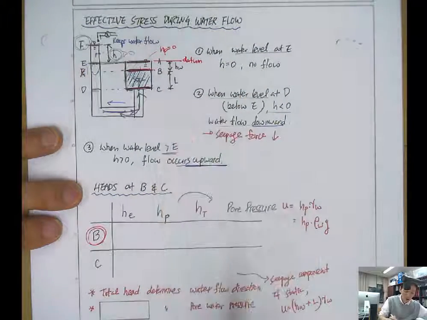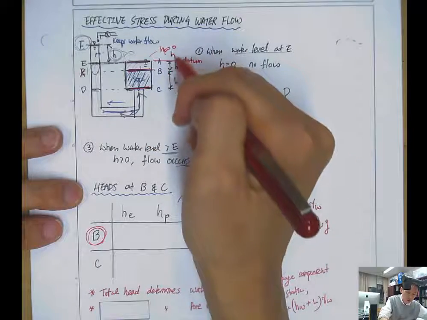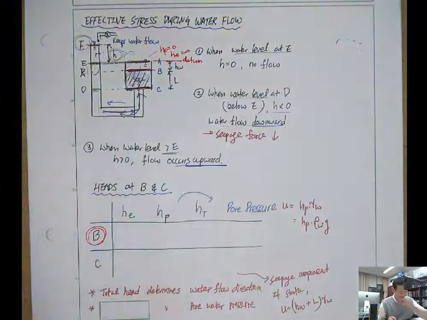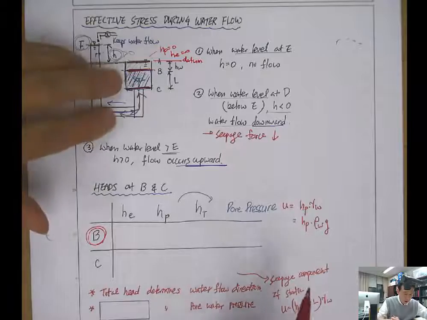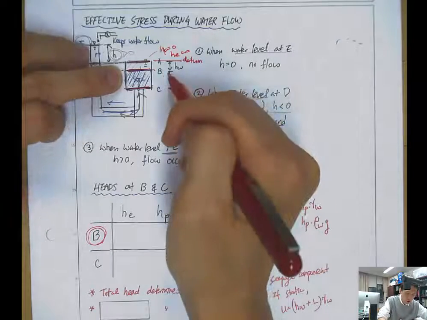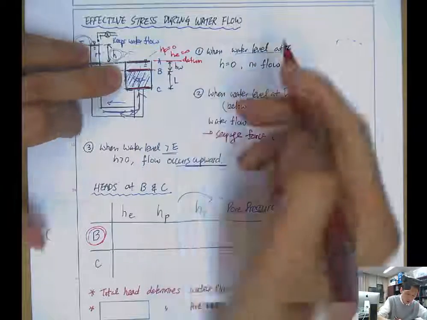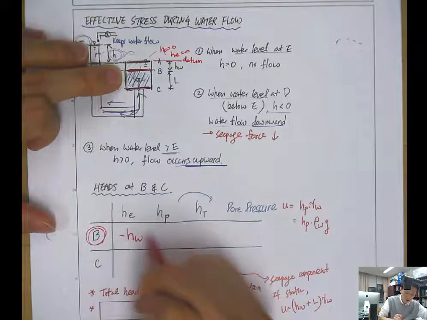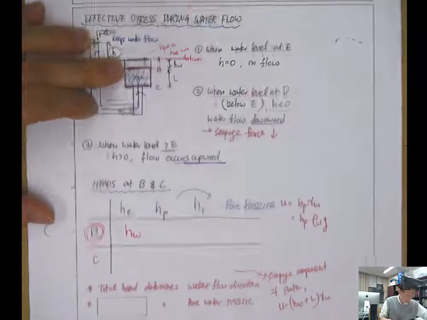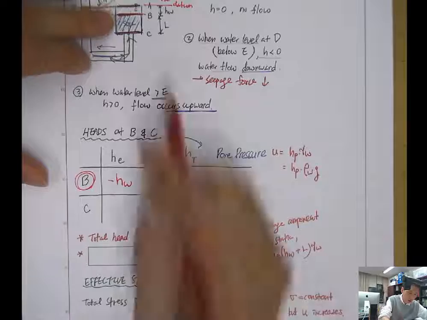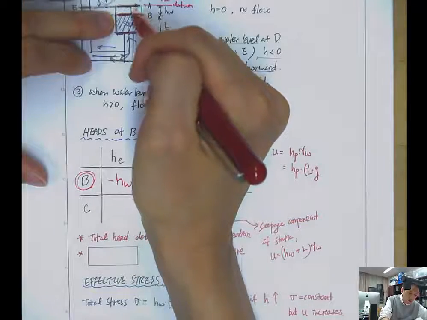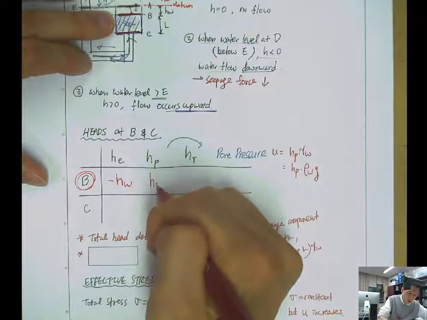So the HE at A will also be 0. Then at B, because the location is minus HW, the elevation head will be minus HW. And the pressure head, because of this water height, you have HW.